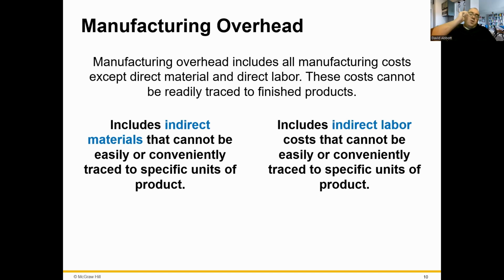Now, manufacturing overhead, as we said, is everything else that's not our materials and our labor. So it might include indirect materials that cannot be easily or conveniently traced to go into each individual product.